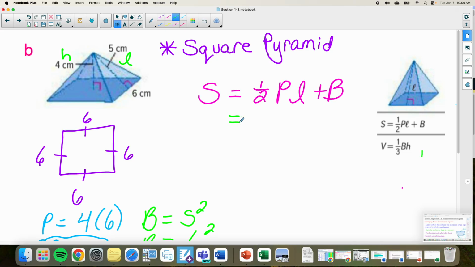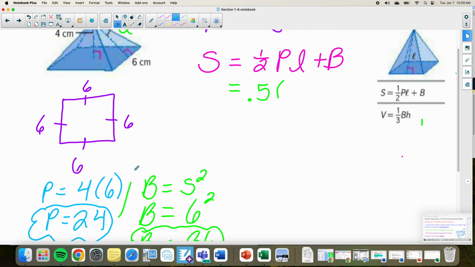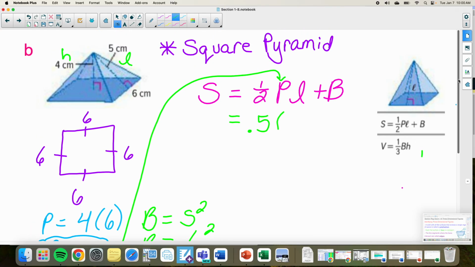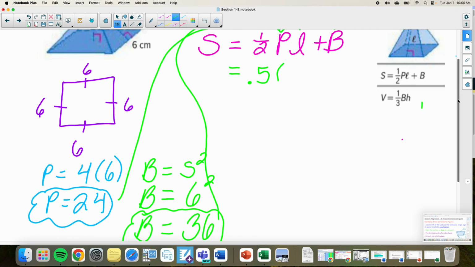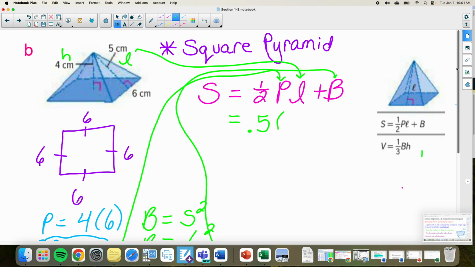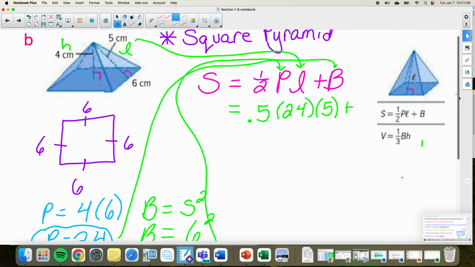So when I go to do this, I would suggest you use 0.5 instead of a half. The perimeter is right down here. That's 24. The L is this 5. And then the area of the base is this 36. Okay? So we have 0.5 times 24. Our L is 5 plus the area of our base is 36.